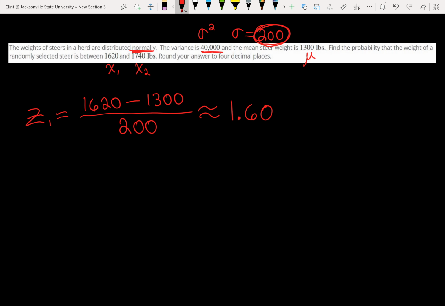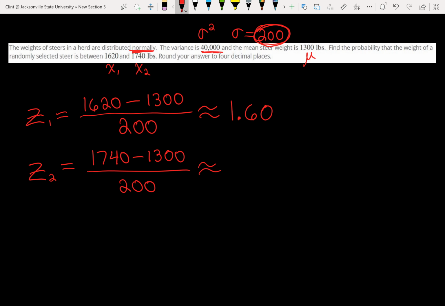That's z1. Now we're going to find our other one, so we'll call it z2. So this time we'll use 1740. 1740 minus the mean of 1,300 divided by the standard deviation of 200. See what we get there.